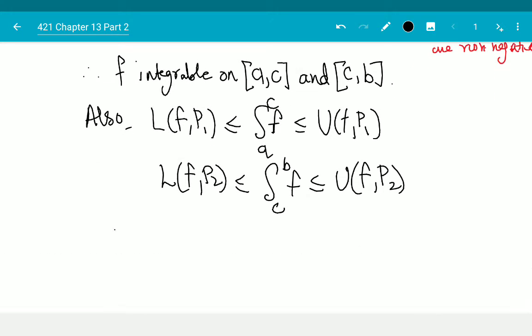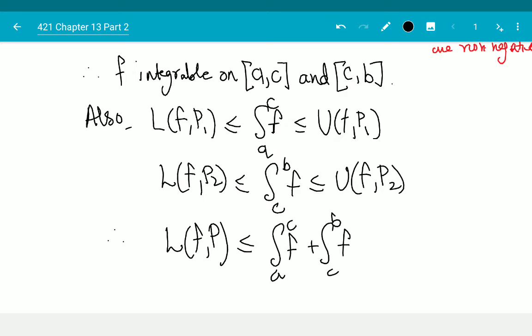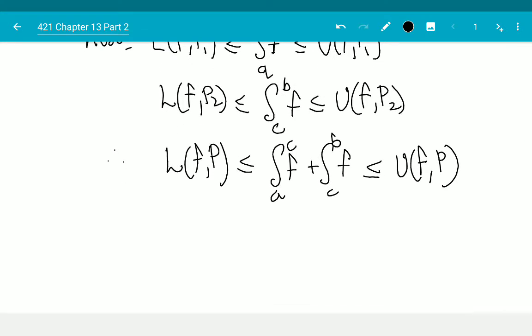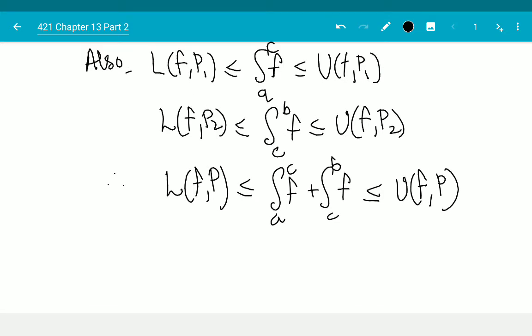and therefore L(f,P) is smaller than or equal to the integral A to C of f plus the integral C to B of f, which is smaller than or equal to U(f,P). Whoops, not P2, just P, right? Because I'm just adding these two. Let me draw a very big plus here.